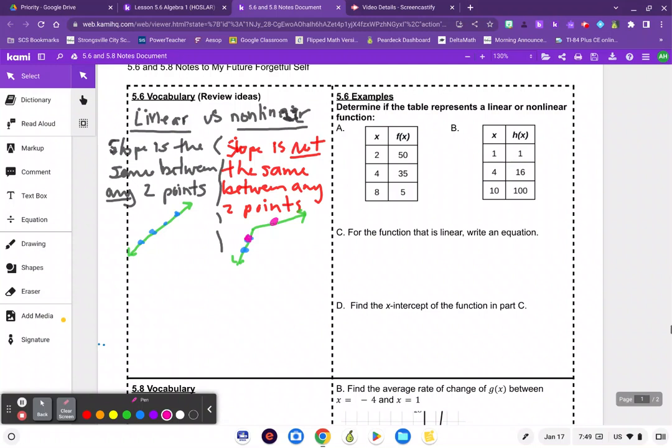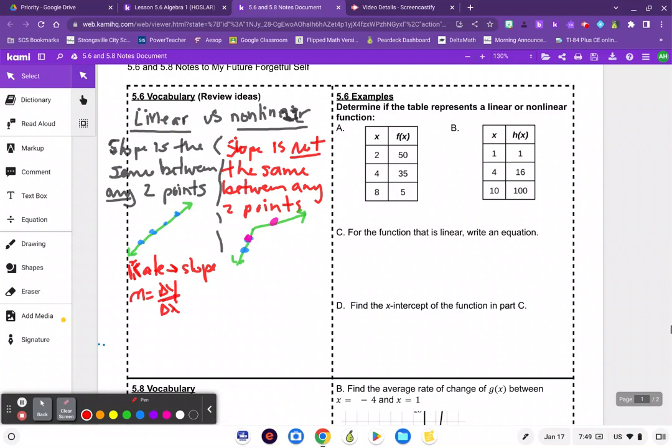And so one of the things that we reviewed was just slope in general, right? So to find slope, slope is a rate. For a slope, we're comparing 2 units. To find that slope, we're going to do change in y, delta y, over change in x, delta x.